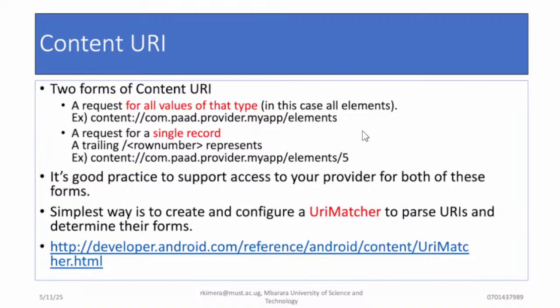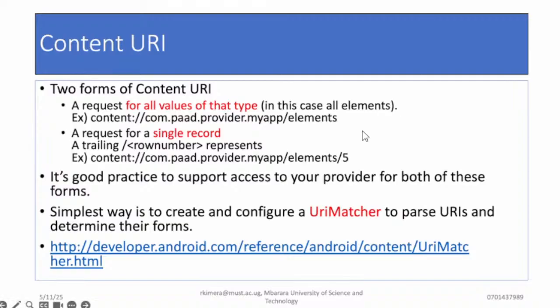There are two forms of this content URI: a request for all values, where you just specify the table, or a request for a specific record. So instead of retrieving all the information about patients, you might want the record of a specific patient whose ID is number 5.